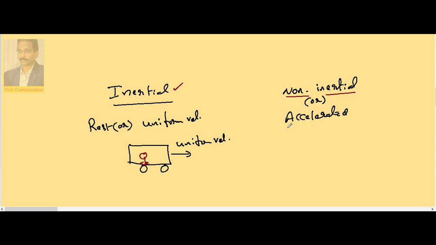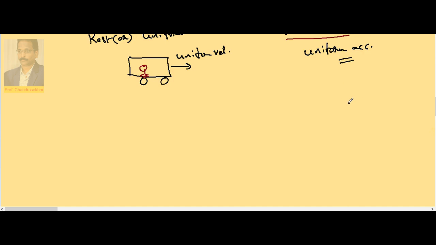Non-inertial, the name itself suggests accelerated. So if the reference frame is moving with acceleration, then it is said to be accelerated or non-inertial frame of reference. Let us consider a bus moving along a circular path. On a circular track, a bus is moving in anti-clockwise direction.